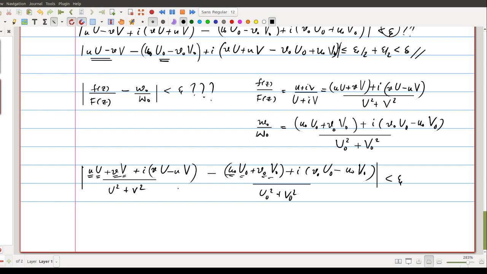By taking all these limits, you can easily prove that this difference is less than epsilon. And we are given that w naught, which is equal to u naught plus i v naught, is non-zero. Therefore, the denominator will never be zero, which allows us to say that the difference of this quotient can be made less than epsilon. So this proves the quotient part.